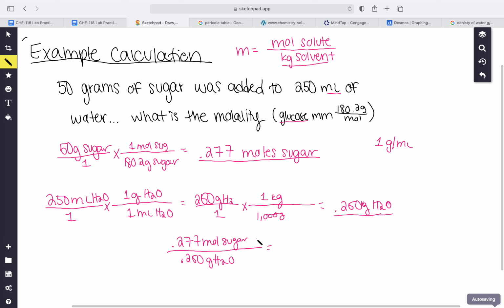And once we do that out in our calculator, 0.277 divided by 0.250, we will get 1.11, I guess we could say. Actually, we'll do correct sig figs. We'll do 1.1, and this will be a little m. So it is a 1.1 molal solution that is made.